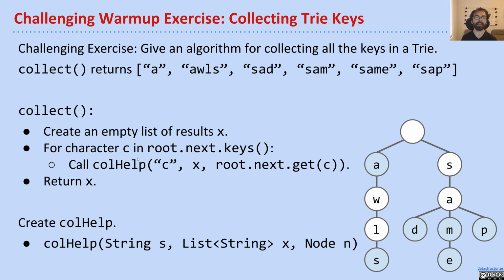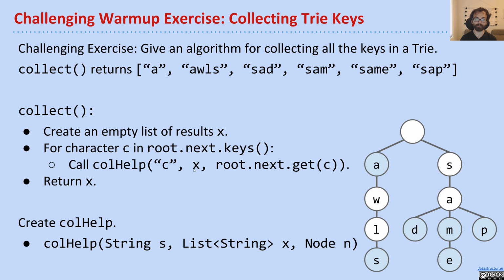Okay, so here's what I have in mind. The collect operation does the following. It creates a list of results x, and then for every character that is off of the root, I'm going to do the following. Basically, root.next.keys, that's all of the characters that follow. I'm going to call my collector helper function, and I'm going to pass along that character in quotes. So for example, if I have the letter A, this will be the letter A in quotes.